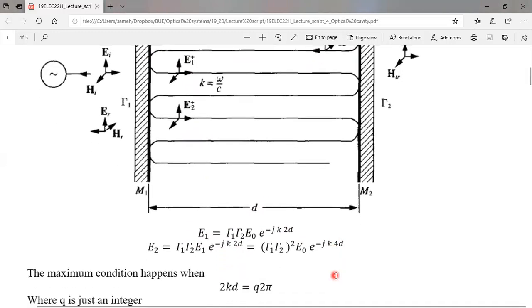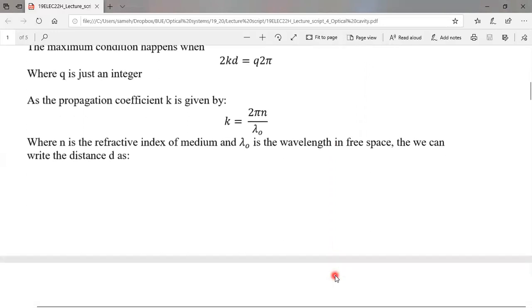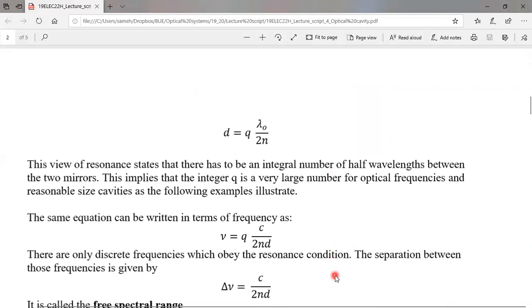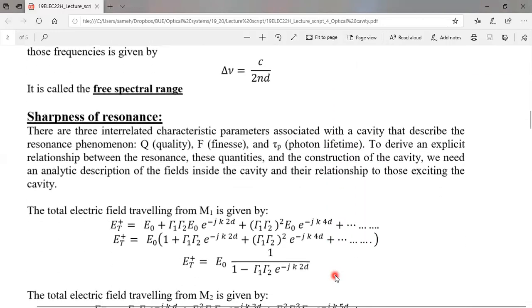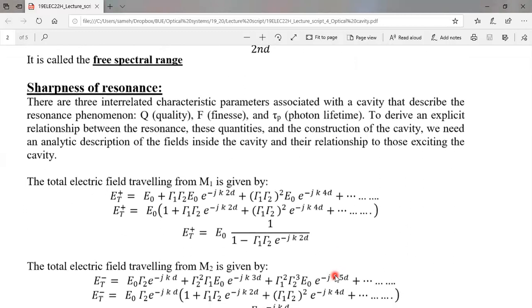So, based on that, we can write an equation in this format. Please try to understand this equation. This equation represents the total electrical field inside the cavity.